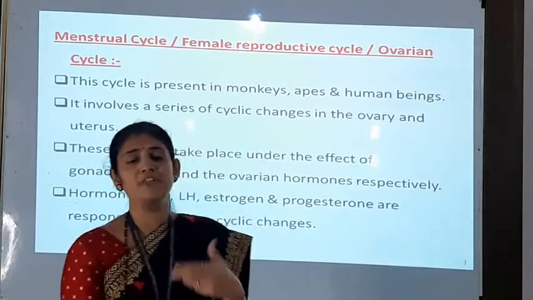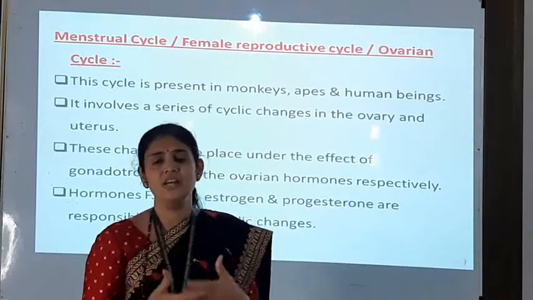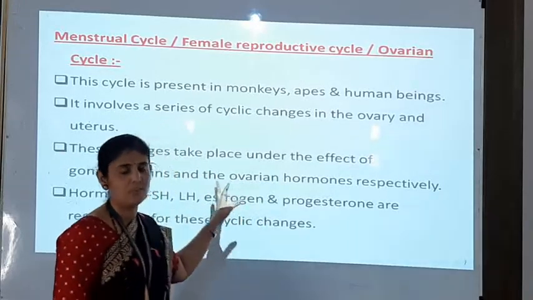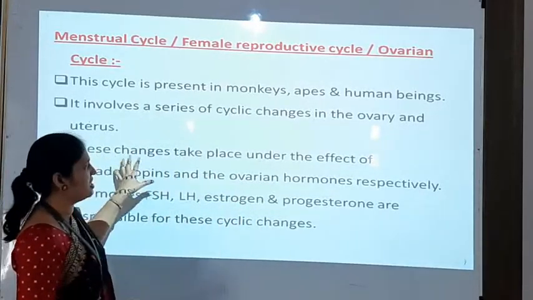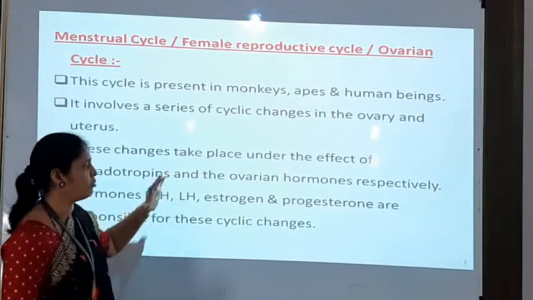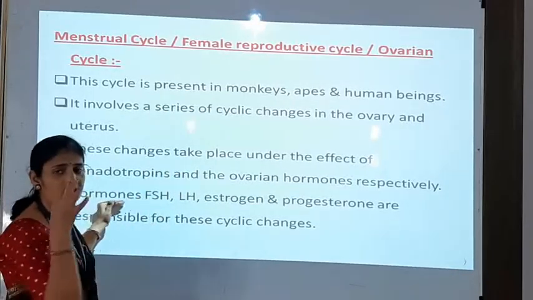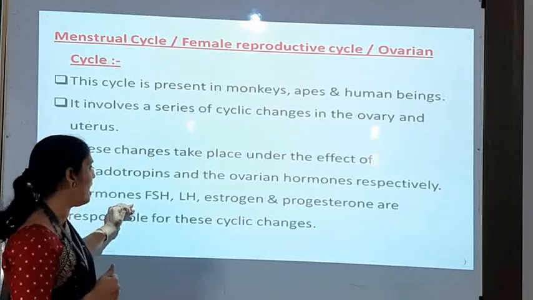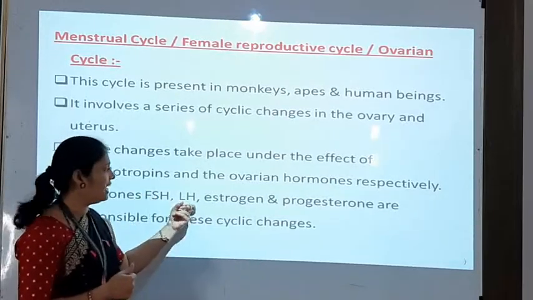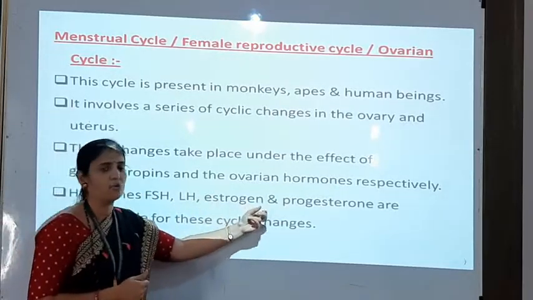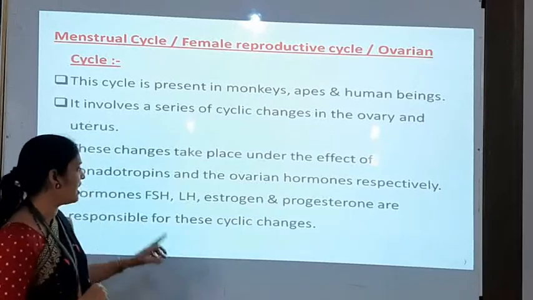So all these different cyclic events we are going to study in this point. These changes take place under these hormones. Now the hormones which are affecting this menstrual cycle are FSH, LH, estrogen and progesterone. 4 hormones are there.